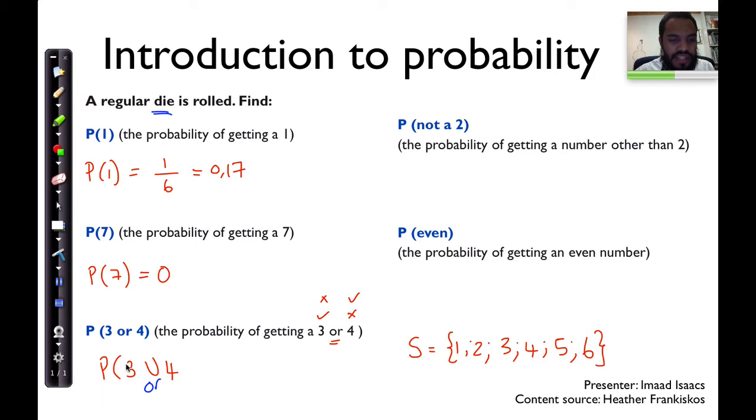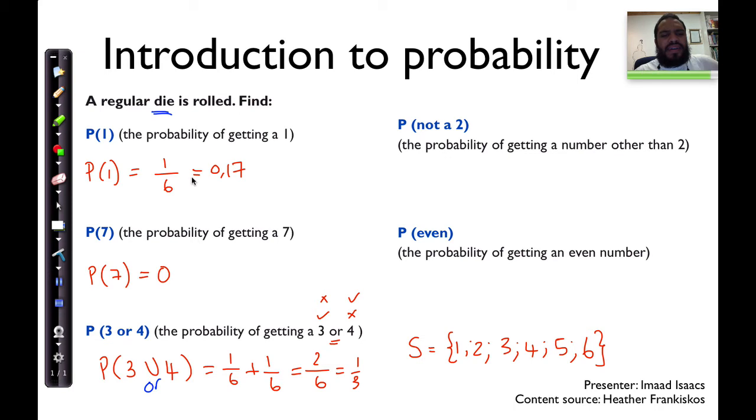There's a 1 in 6 chance of getting a 3, and there's a 1 in 6 chance of getting a 4. So the probability of getting a 3 or a 4 is essentially 2 out of 6, or 1 out of 3, that's 1/3. That gives you 0.33 or a 33% chance. Because I've given you this OR condition, the stakes are lower and you are more likely to achieve this.